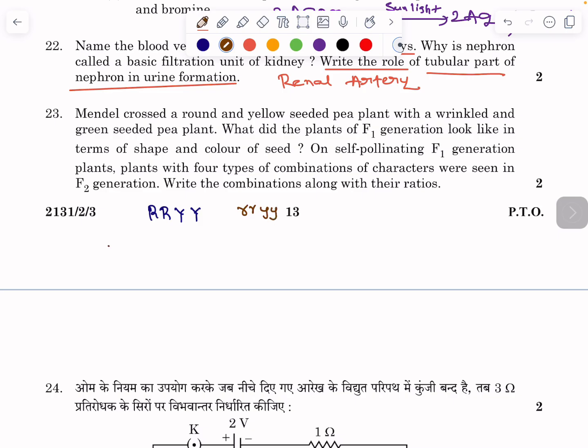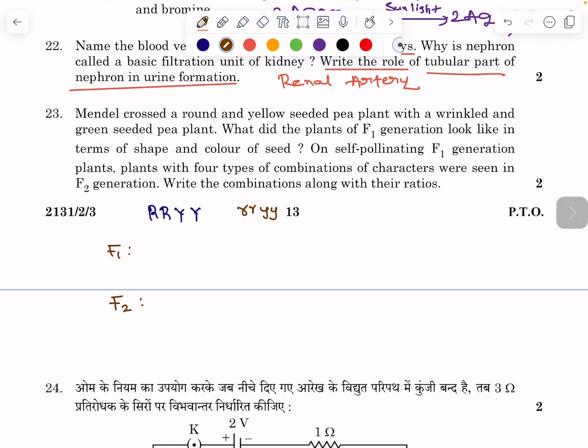So in the first generation, what did the plants of the F1 generation look like in terms of shape and color? And again, when you cross pollinate the F1 generation plants, in the F2 generation, what type of plant characters will you get? Okay, this is your question.